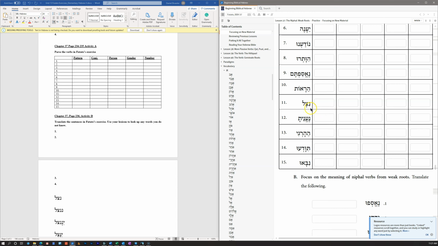Yeah, this is not Niphal. There's no reason to think this is Niphal. So we're going to give this a passive meaning, which is basically being delivered would be the participle form. Or you could just say delivered, I guess, as an adjective.